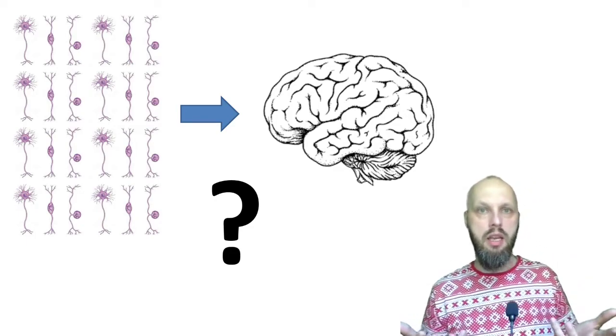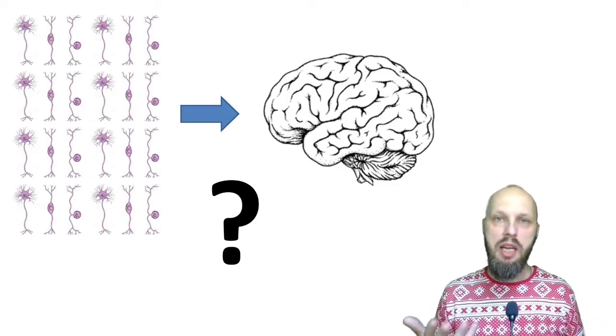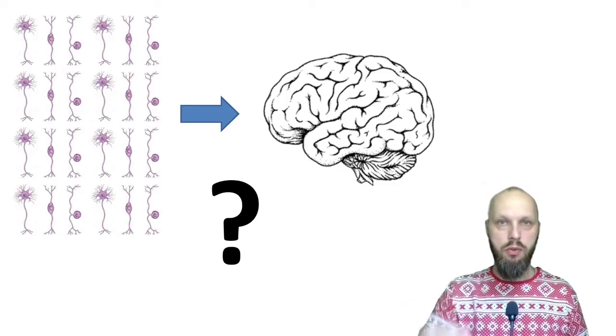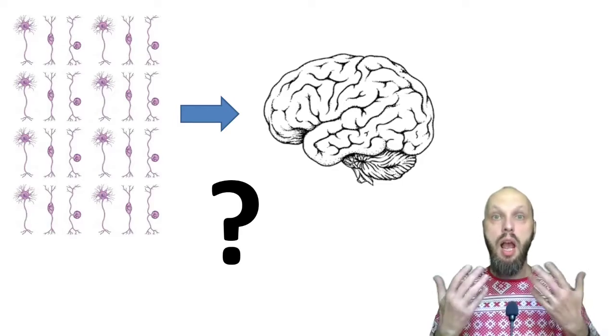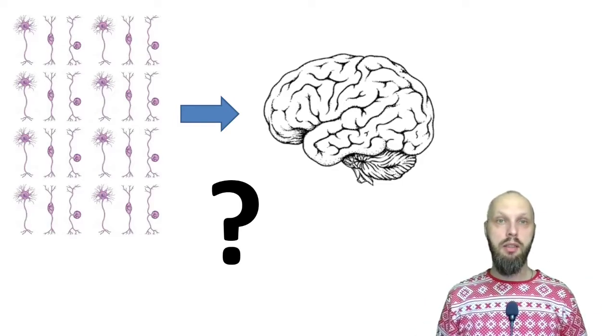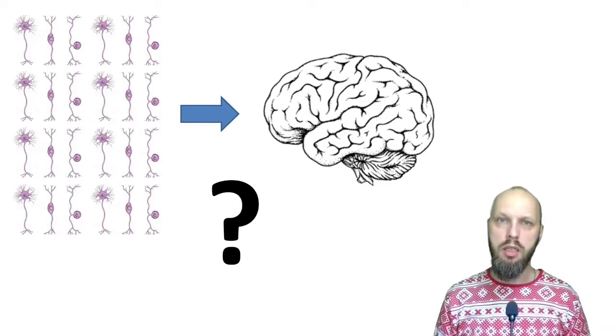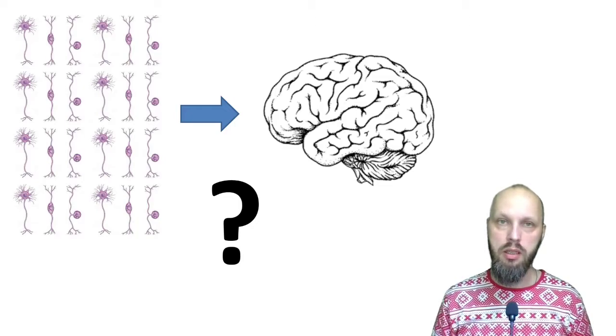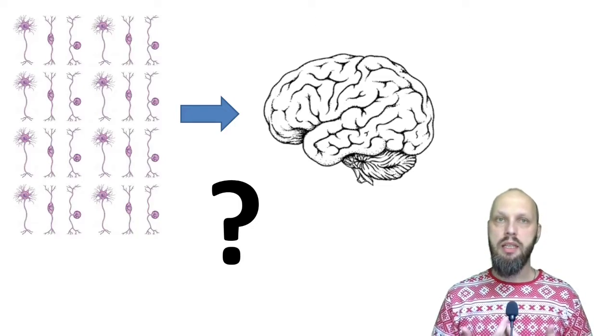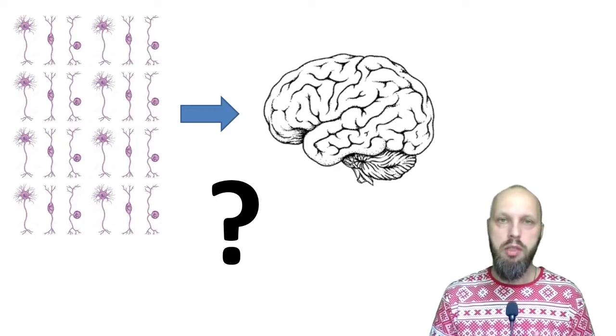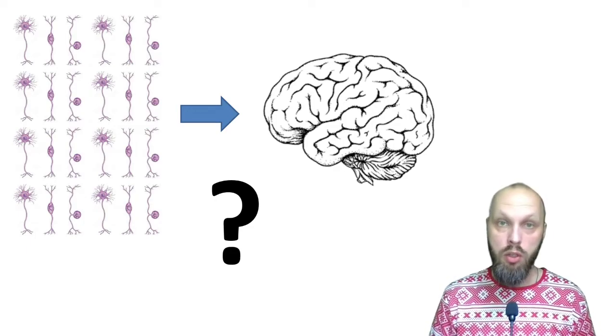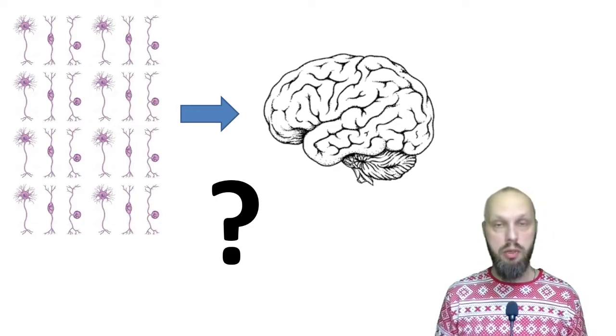Like, what are they? Are they magic? Do they come equipped with a little bit of free will and a little bit of consciousness? How does it work? You know what I mean? That's weird if you think about that. And it's almost impossible to believe philosophically, but also practically.